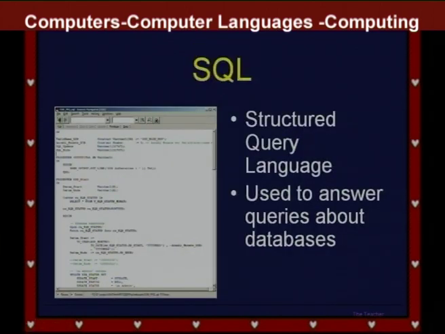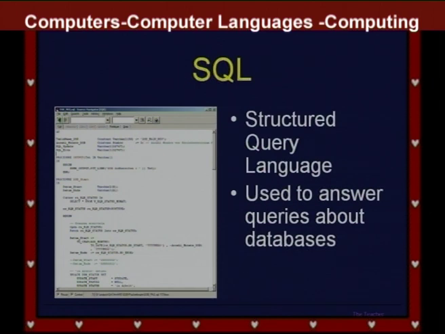Structured query language, SQL, is a language used to run queries and get answers about the database. So when you want to communicate with the database, SQL is the language the database understands. Suppose you want to get some record from the database, you have to run a query.